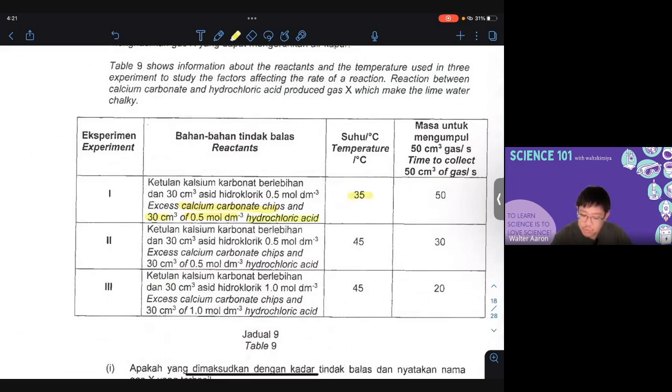The other one, you use calcium carbonate chips as well with 30 cm3 of 0.5 mole per dm3 of hydrochloric acid, which is a higher temperature, 45. And the last one, you use excess calcium carbonate chips and also 30 cm3 of 1 mole per dm3 of hydrochloric acid at 45. So you can see that the rate of reaction increases from number 1 to number 3.